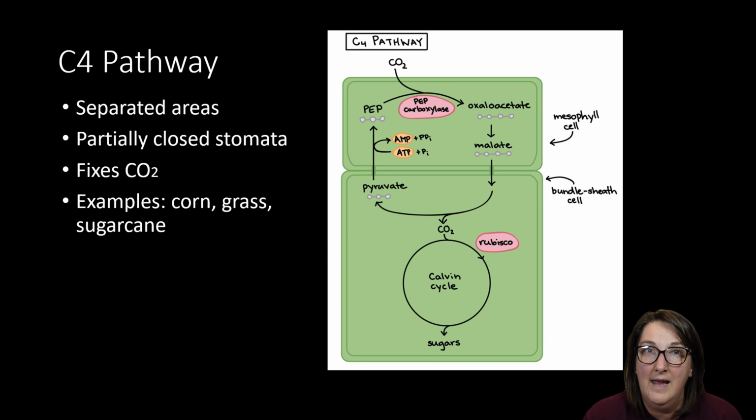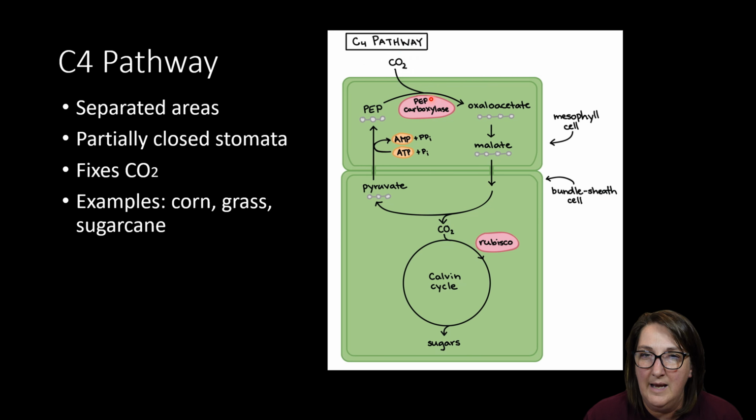So they have an evolutionary trait that some plants have been able to use to help overcome this dilemma, this problem. And one group are called the C4 pathway. Here they have separated areas inside the chloroplast. You have the area where you do your Calvin cycle, but you have a separate area where it actually fixes carbon dioxide to another molecule.